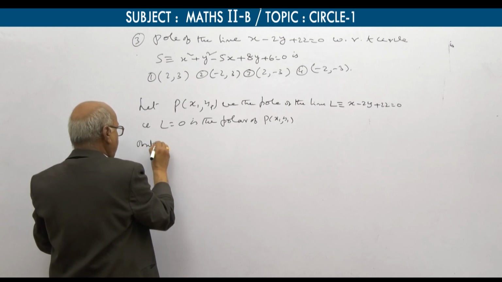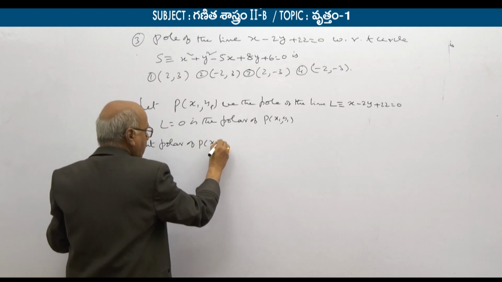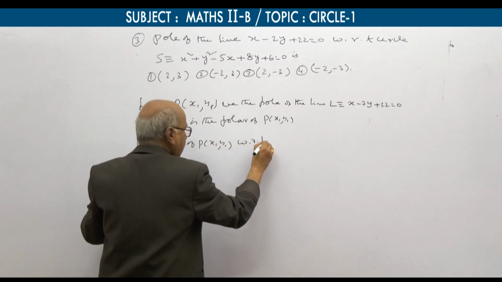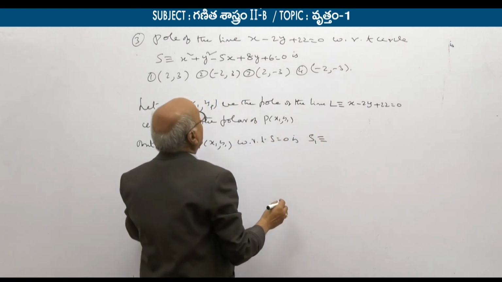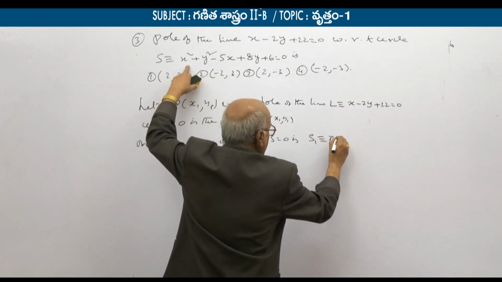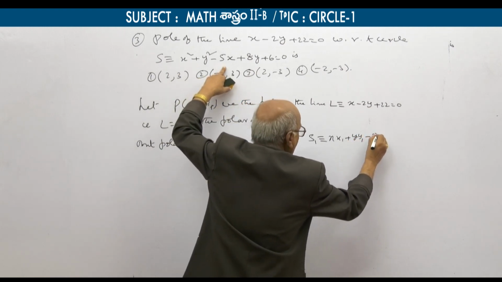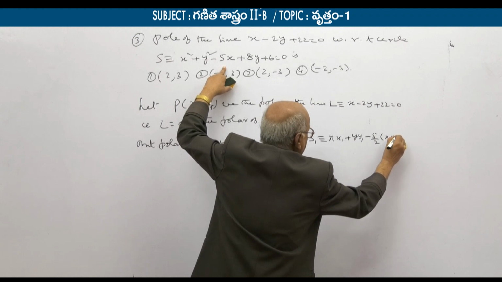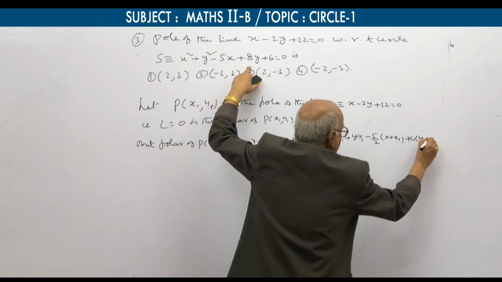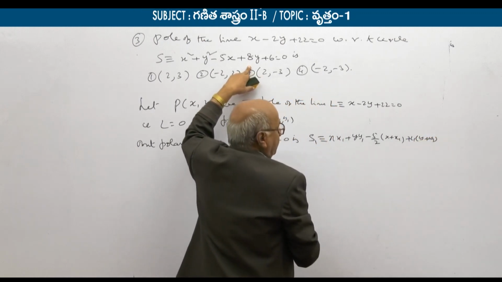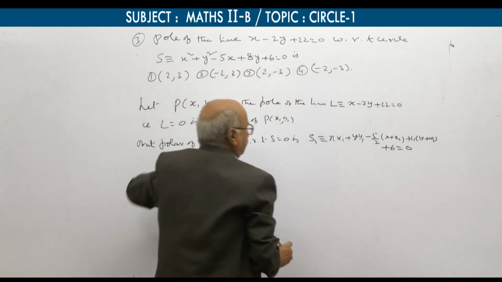But the polar of P x1, y1 with respect to the circle S is equal to 0 is S1 is equal to x x1 plus y y1 minus 5 by 2 into x plus x1 plus 4 into y plus y1 plus 6 is equal to 0.